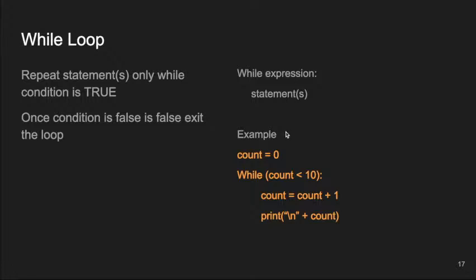All right, so we have an example here. We have count equals 0, while count less than 10. Okay, and then count equals count plus 1, to update the count, and then we want to print a new line, and then we'll add also the count.